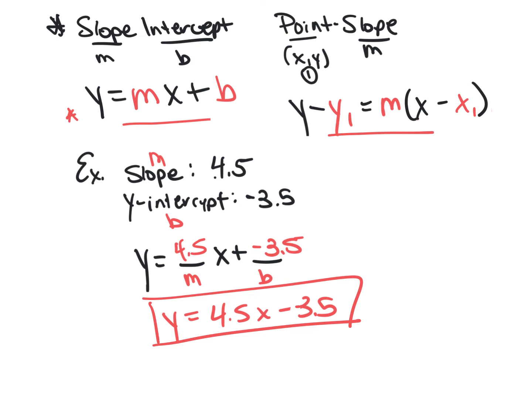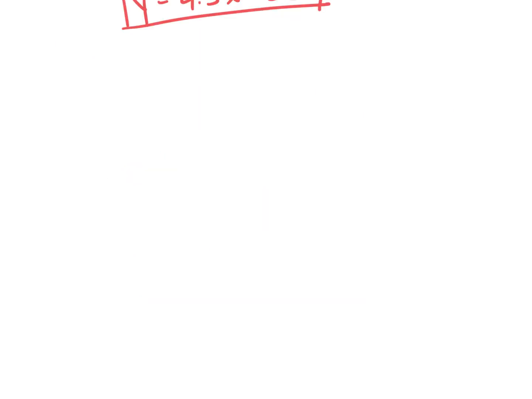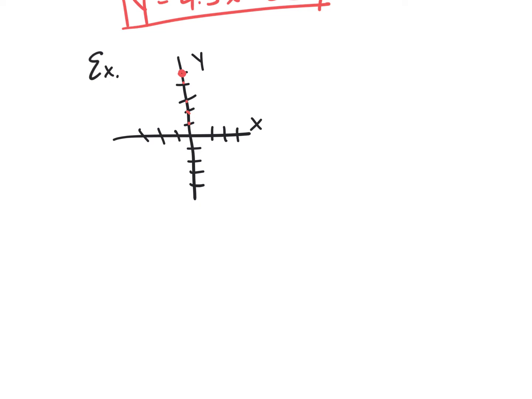All right, let's look at another one. Okay, what if they give us a graph? So let's say we have a graph and we have x, y, and they give us a point at 0, 5, counting 1, 2, 3, 4, 5, and they give us another point at, let's do 3, negative 4.